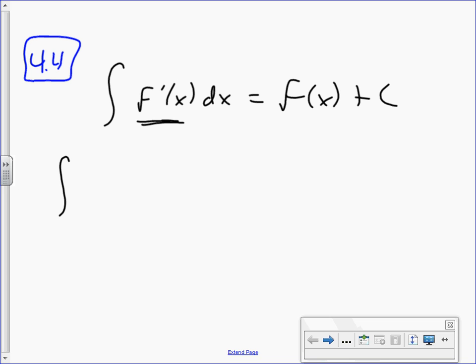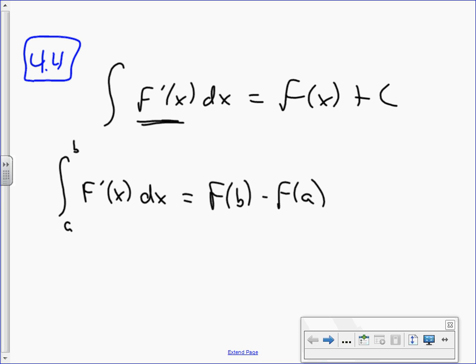We're now going to look at what to do when we want to do a definite integral under these same circumstances. And it's really pretty easy. If you take the antiderivative of a derivative and you evaluate it from a to b, you just find the function f of x, take the antiderivative, and then you plug in b, then you plug in a, and you subtract.